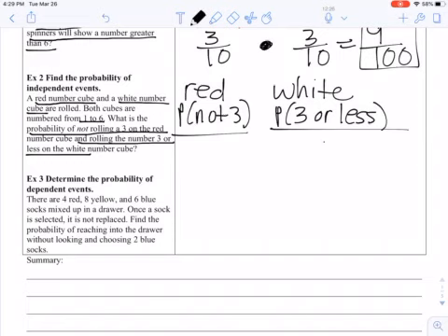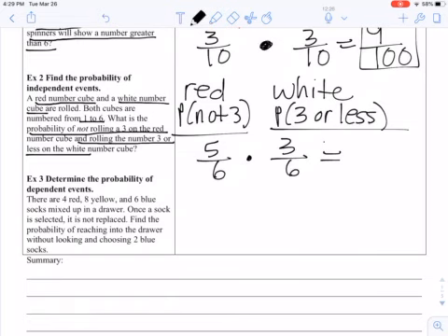So on the red number cube, or on any number cube, how many numbers on there are not the number 3? That would be 5 out of 6. And then on the white number cube, we're looking for the numbers that are 3 or less. So that would be 3, 2, or 1. So that would be 3 out of the 6.